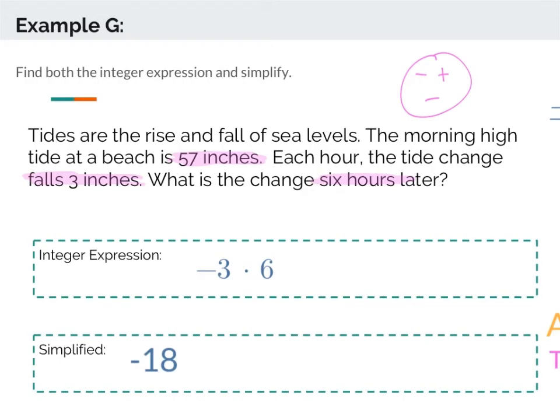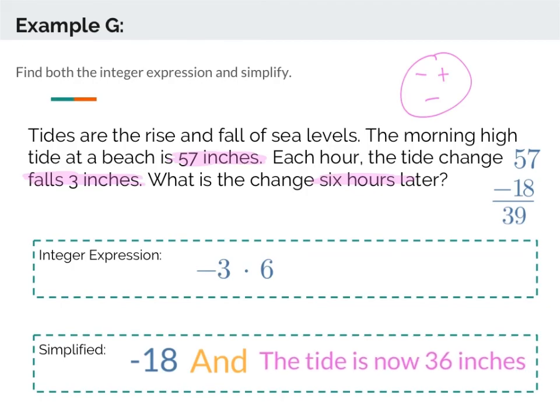However, that doesn't really tell me where the tide is at now. So now I'm going to have to do some math to figure out what the change is from 57. So I'm going to take my 57 inches and I'm going to subtract the 18 inches that I know is going down. And that's going to give me 39 inches. So it's negative 18, and since I have a word problem, I need a word answer.